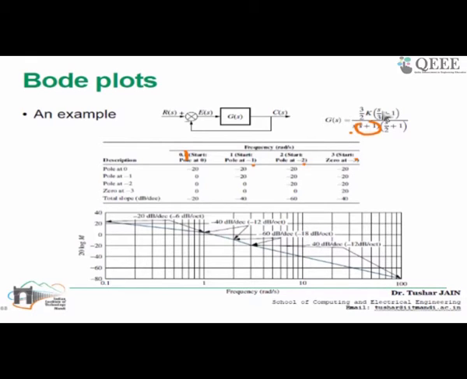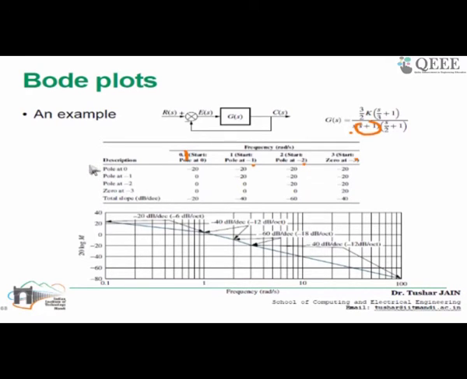So we were recalling how we can draw a Bode plot for this given transfer function, and the same principle you can use to draw the Bode plot of other transfer functions as well. First, we identify all the poles and zeros, and these are the breakaway points. Identifying these, we make this kind of table, and these breakaway points are nothing but the frequencies. So we start at 0.1, pole at 0, 1, pole at -1, 2, pole at -2, and 3, pole at -3.